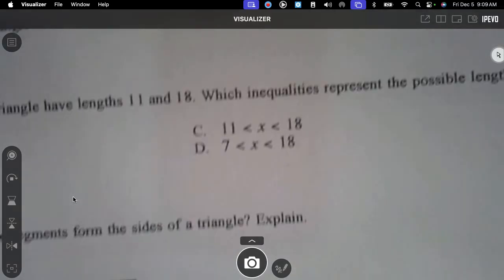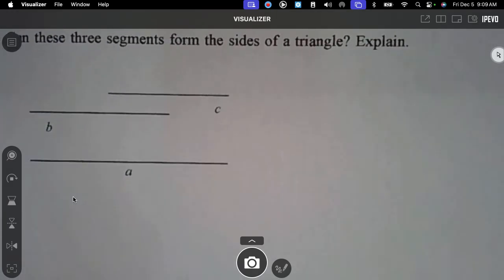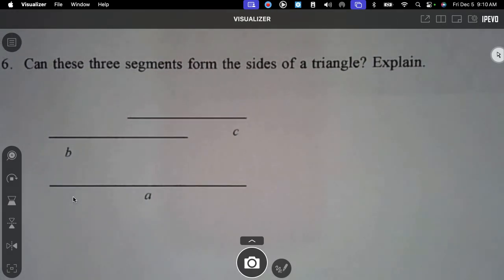Really quick though, number 6 is weird. There are no numbers, but you can eyeball it. Take these 2 and put them together. Would they be bigger than A? Okay, take A and B and put them together. Would they be bigger than C? Yeah, what did I not do yet?